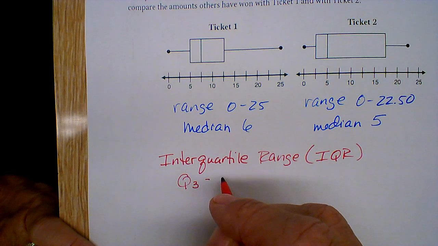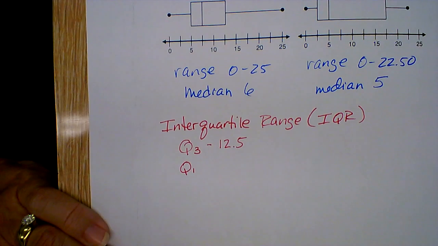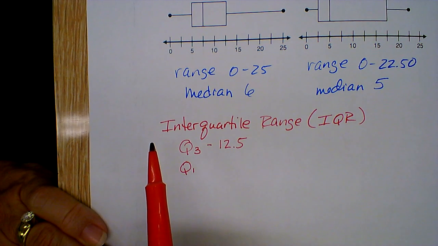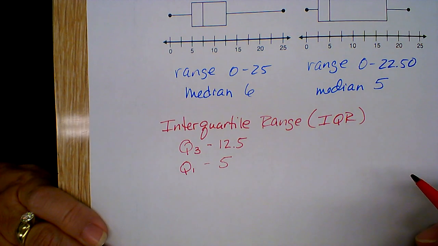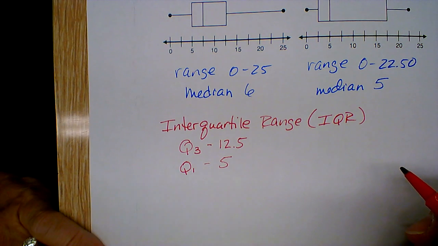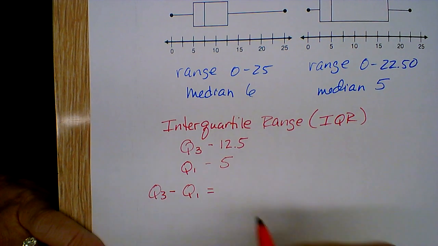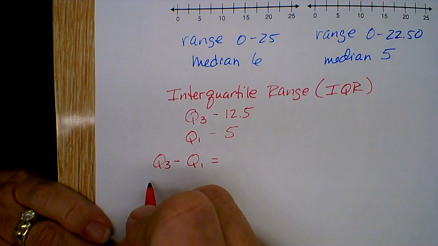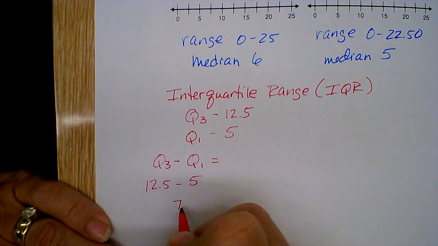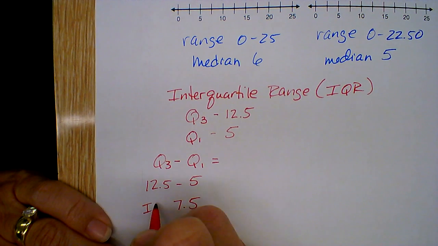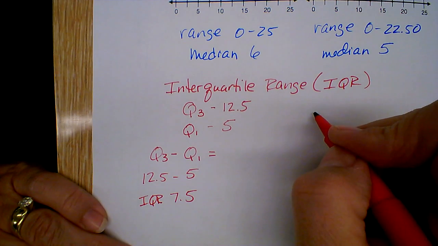So that looks like it is 12.5. And our first quartile, Q sub 1, seems to be at 5. To find our interquartile range, we take Q sub 3 minus Q sub 1. So 12.5 minus 5 gives us 7.5 for our IQR.